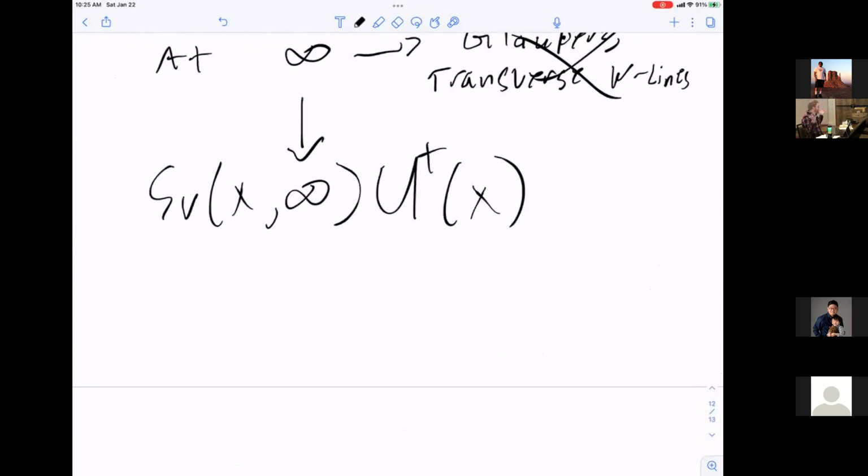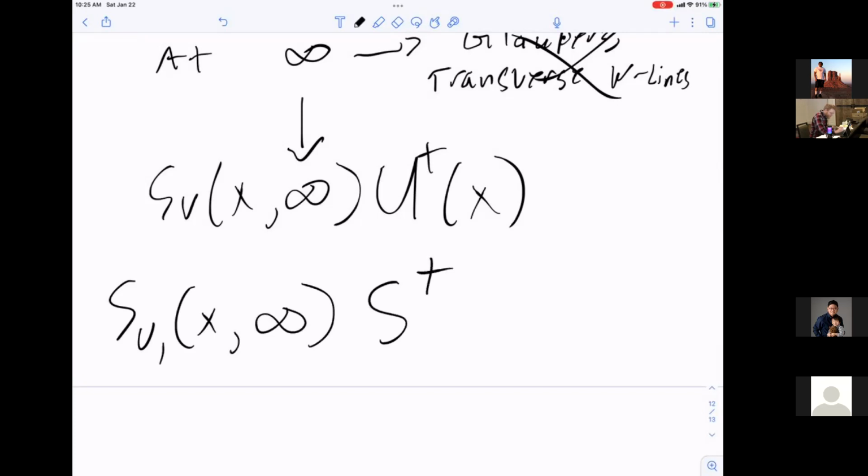Here, I don't have to put down any field operators at all. I can get rid of this gauge transformation by just having another Wilson line meet there that follows its own path out to infinity. And now I have a gauge invariant object.